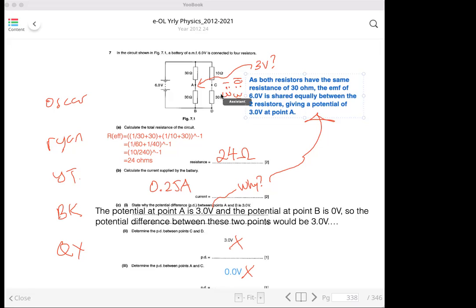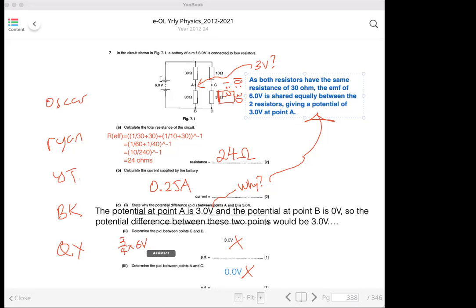Clear so far? So you want to find the value of point C. Point C would be 3 out of the total of 4. So point C itself is 3/4 times the whole PD or the whole EMF, which is 6 volt.